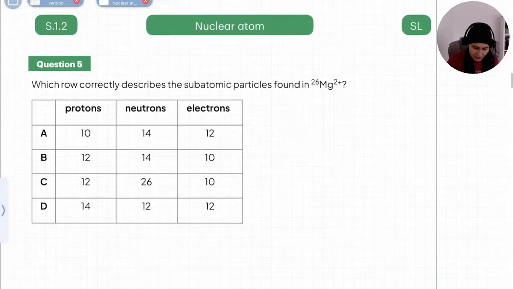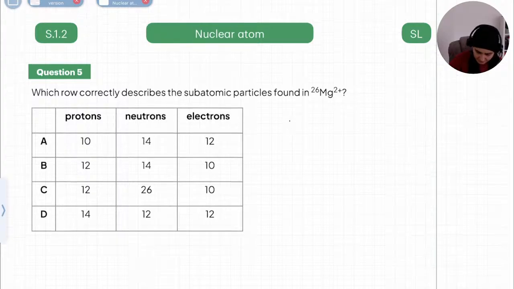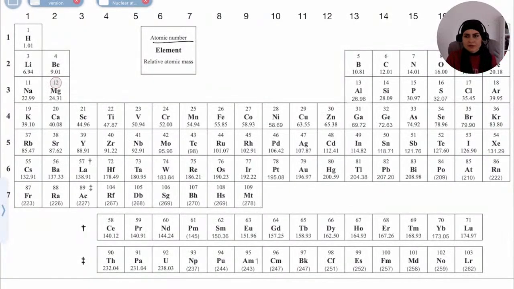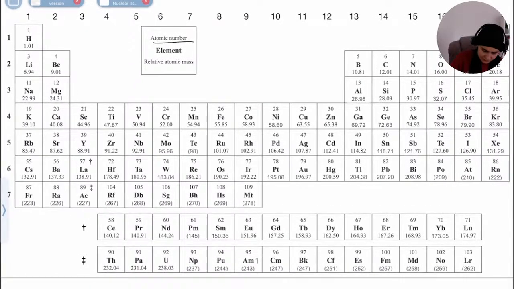Next question. Which row correctly describes subatomic particles found in magnesium 26 2+? Okay, let's see. From the periodic table, magnesium's atomic number is 12, so 12 protons.